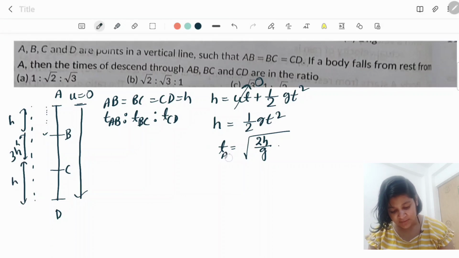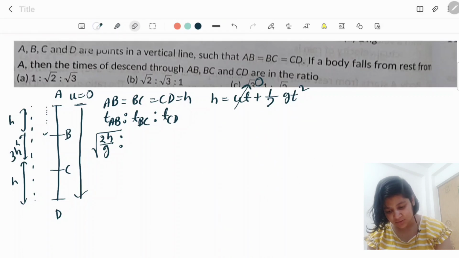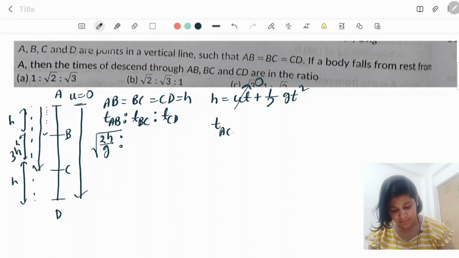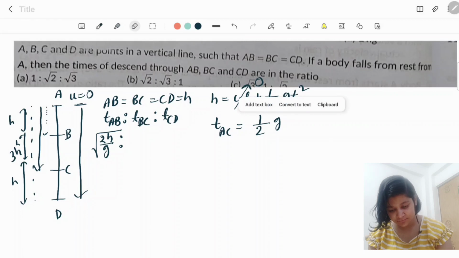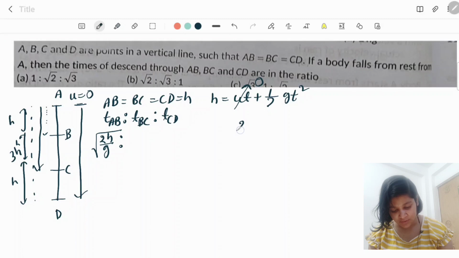So this is our t AB. Let me write it down. We are now going to use the same equation to find out the time taken in going from A to C. So the time taken in going from A to C, the initial velocity is again 0, so this term cancels out, and now the distance is 2h.